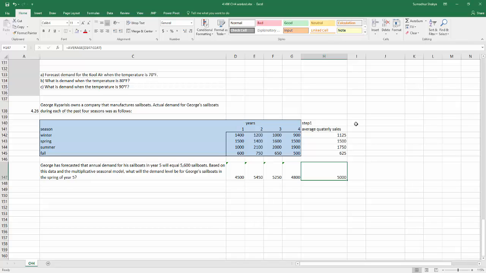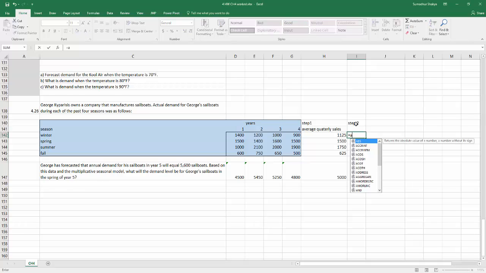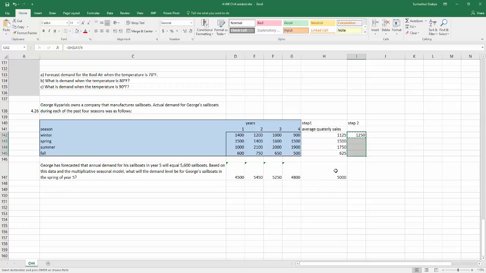If this is the average demand for the whole year, then as step 2, what would be the average quarterly demand, given that the average annual demand is 5,000? There are 4 quarters in a year, so it'll be, and I'm going to freeze it because it'll be the same, 5,000 by 4. So this would be the expected average quarterly demand given the annual demand of 5,000.